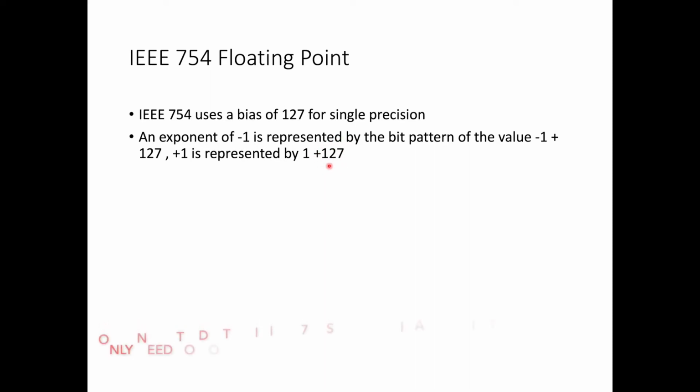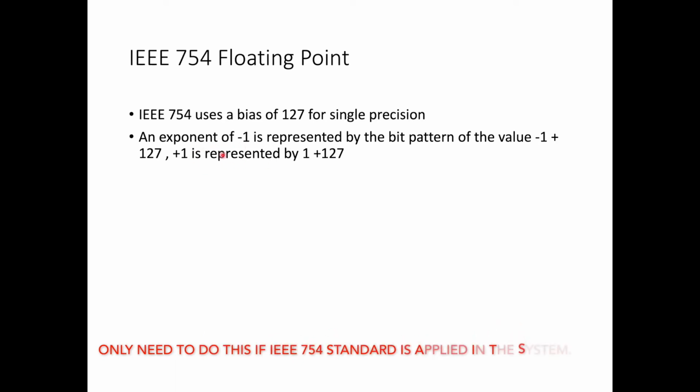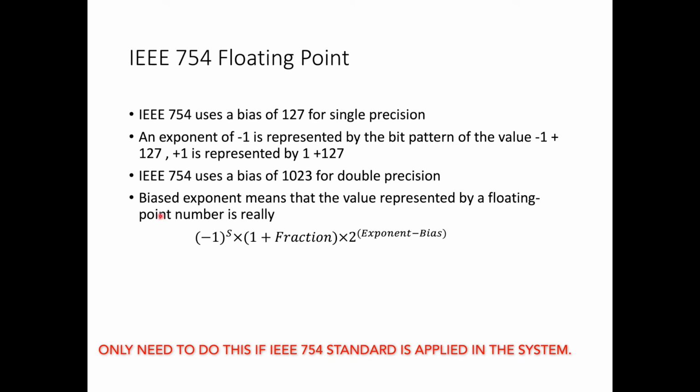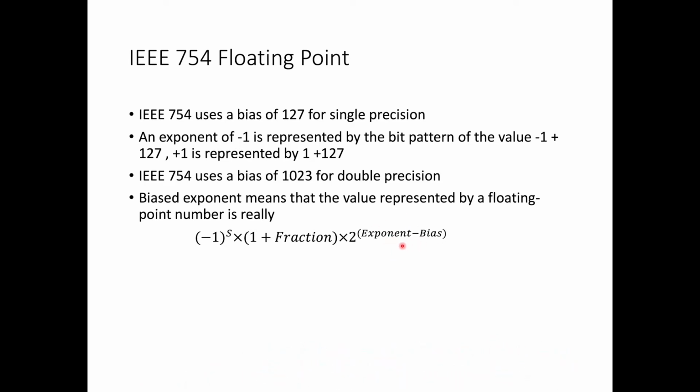We have to add it to the exponent to get the correct exponent. For double precision, this format uses a bias of 1023. So in this format, biased exponent means that the value represented by the floating point number is really this format. So the exponent changes to exponent minus bias.